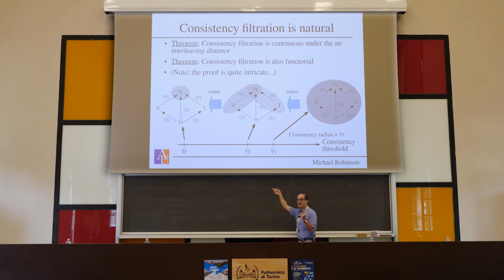And so if I want to compare with another sheaf and its assignment and its consistency filtration, I may have to perform a units transformation on the consistency radius threshold. So the point of the matter is that if I want to compare these two consistency filtrations, I first transform that threshold, and then I ask, do the covers under that transformation refine each other?